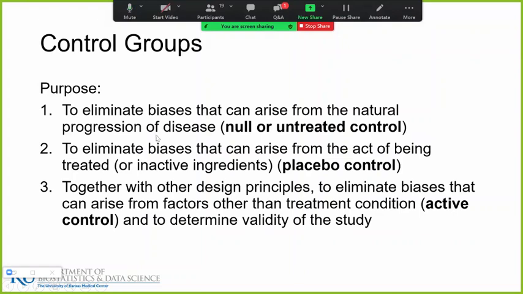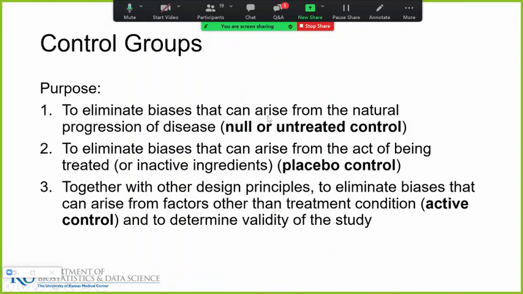And again, the control groups, this is, I think, pretty clear, but we need to make sure we're picking the right control groups for our research question, depending on what kinds of biases we think might exist in our assessment of the effect of treatment. So in some cases, if it's ethical, we might have what's called a null or untreated control, and the purpose of that control group is that it allows us to identify how the disease or condition is progressing naturally over time.